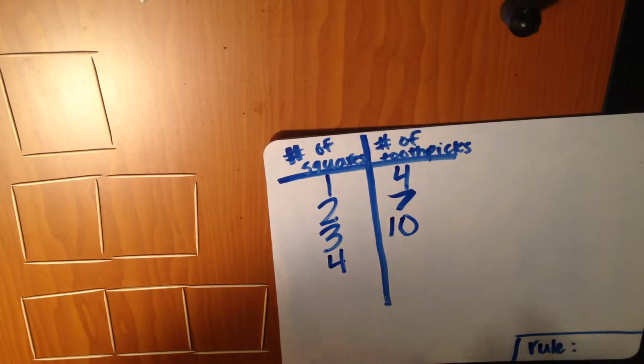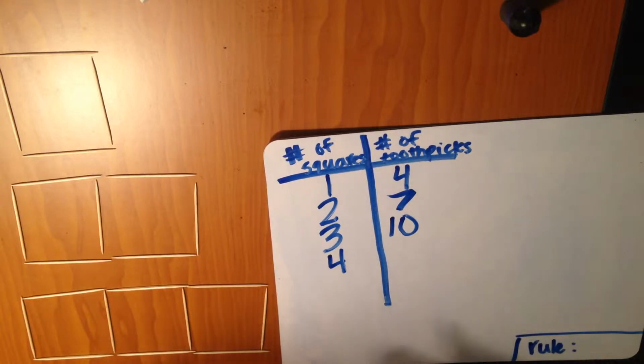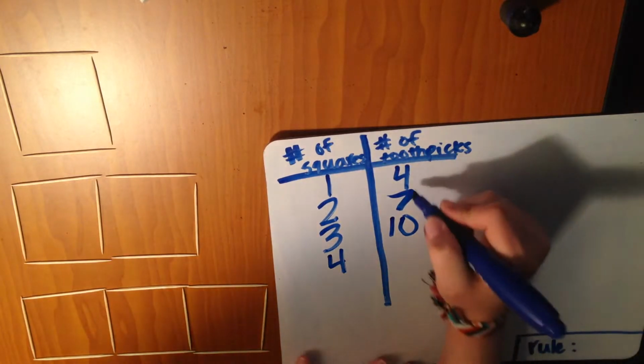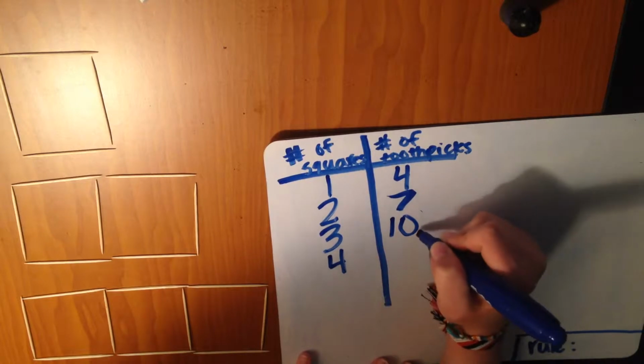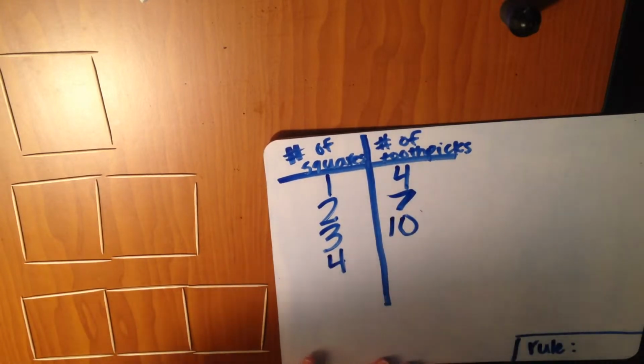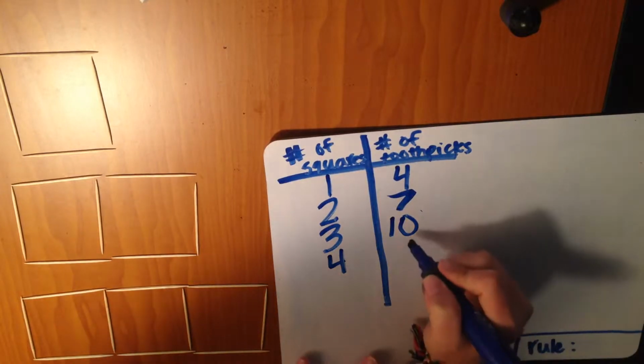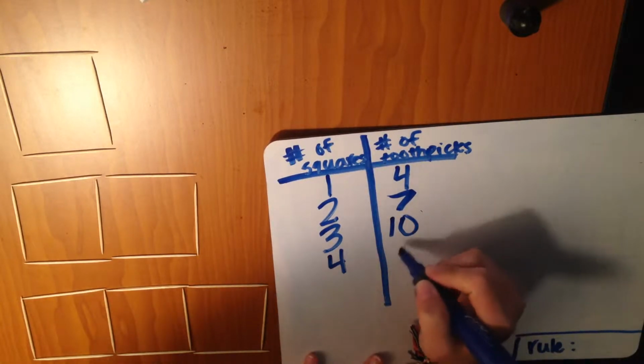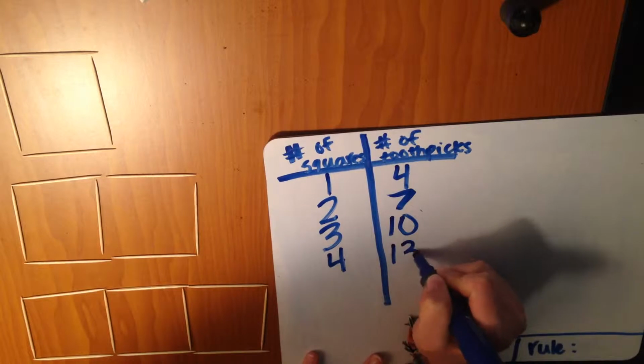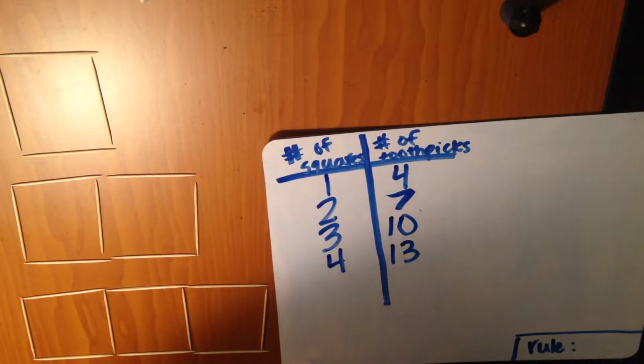Because I know with patterns that if something's happening, it's going to continue to happen each and every time. So if I'm going up by 3, I can continue doing that. 10 plus 3 is 13, and that means there are 13 toothpicks if I create 4 squares.